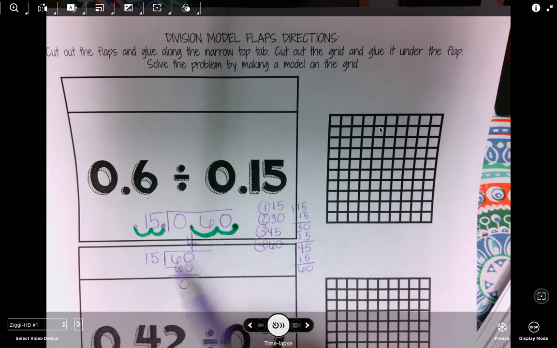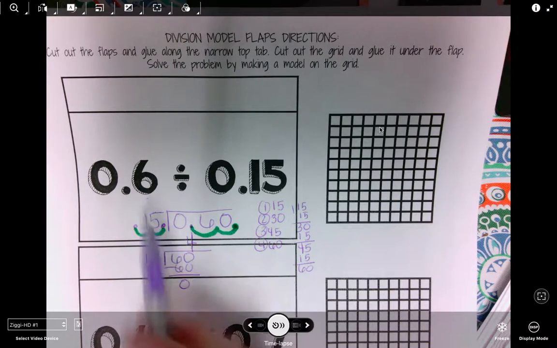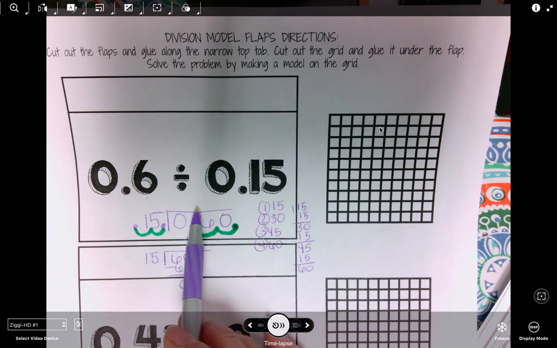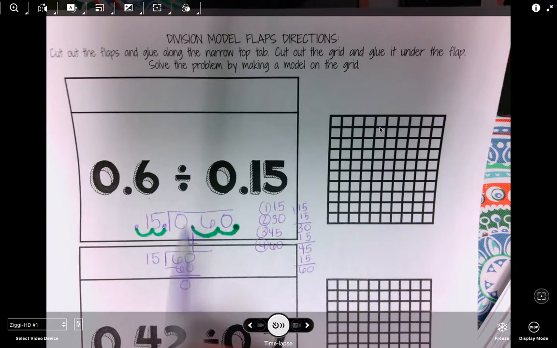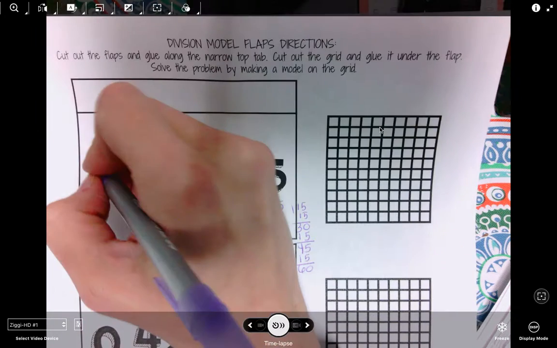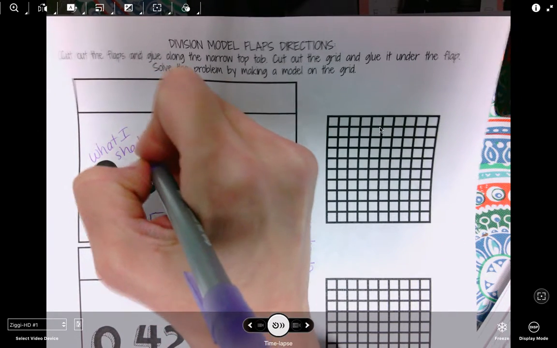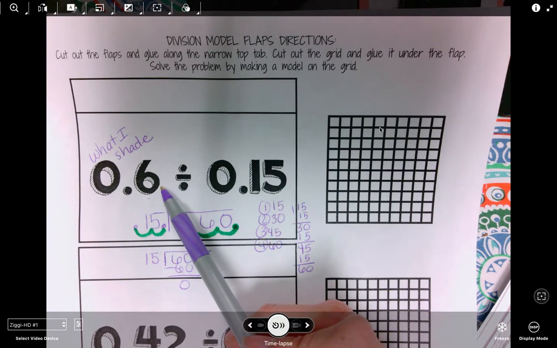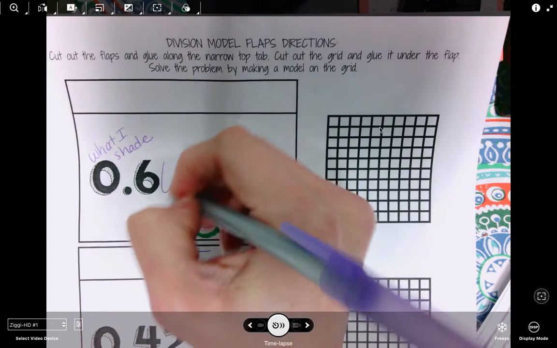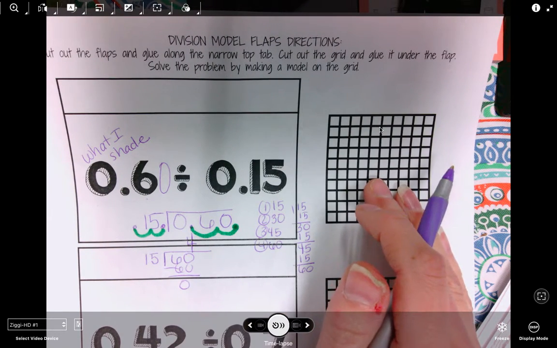Now let's show how to do this on a model, okay? So when we go back to this original problem, the 6/10, the first number listed, which is also our dividend, is going to tell us what I shade. So looking at this 100 grid, we know that we're going to shade 60 hundredths because we would make this into hundredths since this is a 100 model, okay?